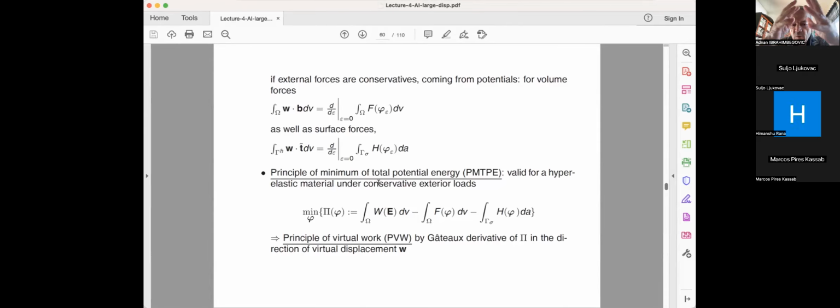And the principle of virtual work will be obtained as the first derivative, or Gateaux derivative, with respect to the virtual displacement and so on and so forth. But this is for the case where things go smoothly, in other words, where I do not have instability phenomena.